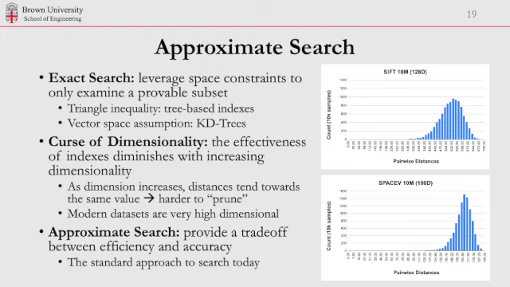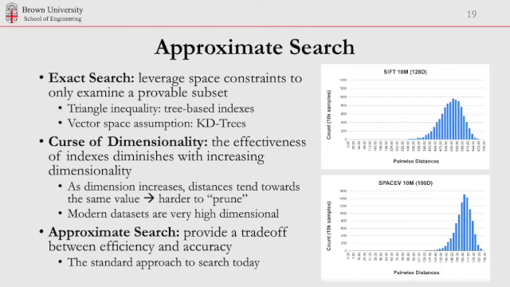And so that's what leads to exact search being, the idea is that you can't have an index more effective than brute force as your dimensionality increases. And the data sets we're working with today have very high dimensionality.